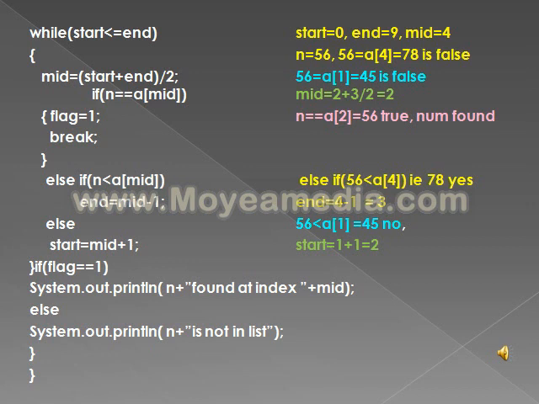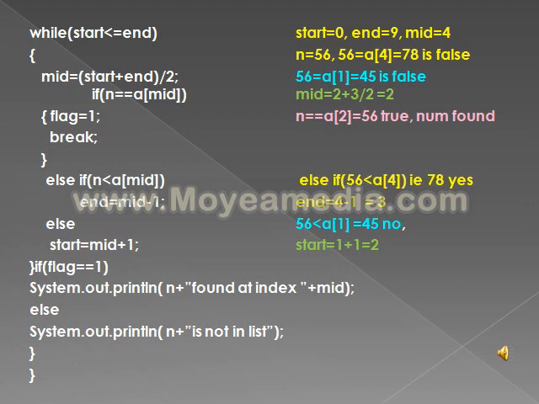So moving back to the while condition. So start is less than or equal to end. 0 is less than 3. So the condition is true. Getting inside now, we are going to find out the mid value. So mid value is 0 plus 3 divided by 2 is 1. Now the mid value is 1. So 56 is equal to a of 1. A of 1 is 45. It is not equal. So the condition is false.